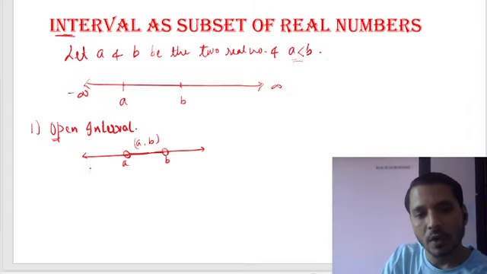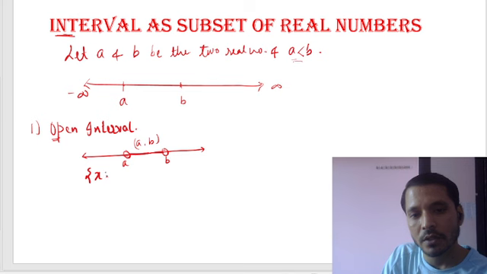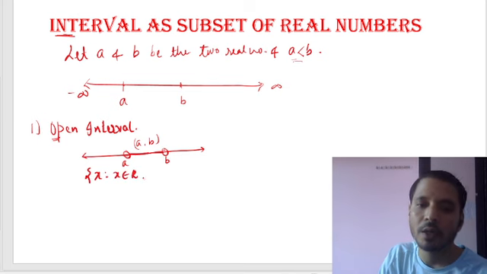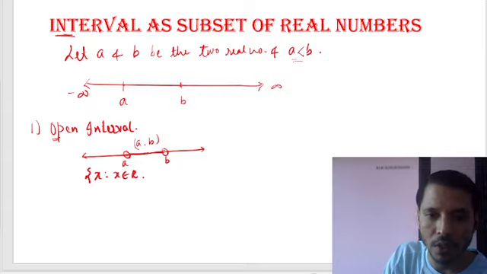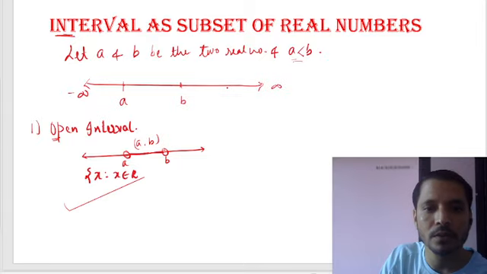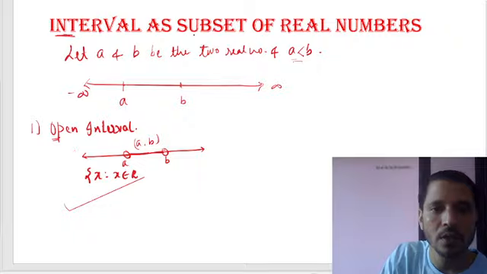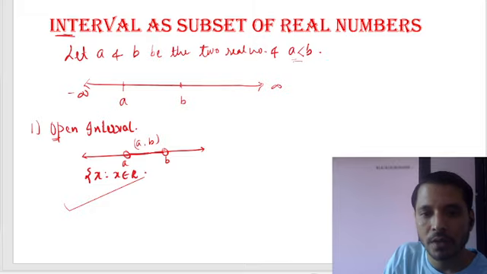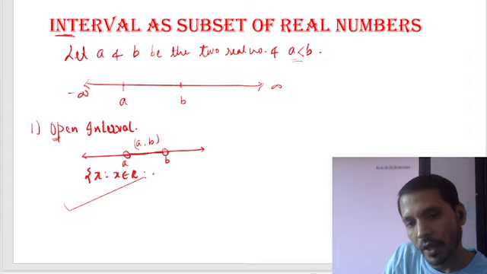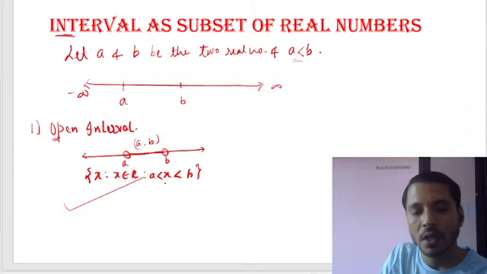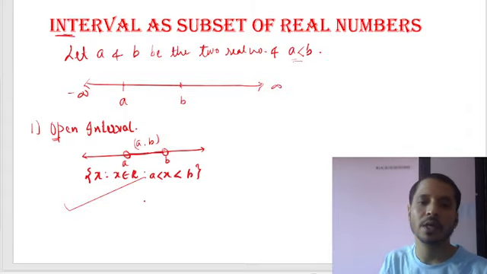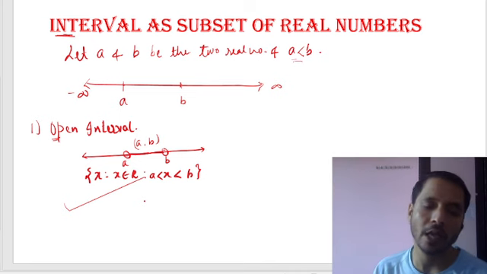It is the set of all real numbers x, where x belongs to the real numbers and x is greater than A but lesser than B. Here you can see we have used only the greater than and lesser than symbols, not the equal to sign.